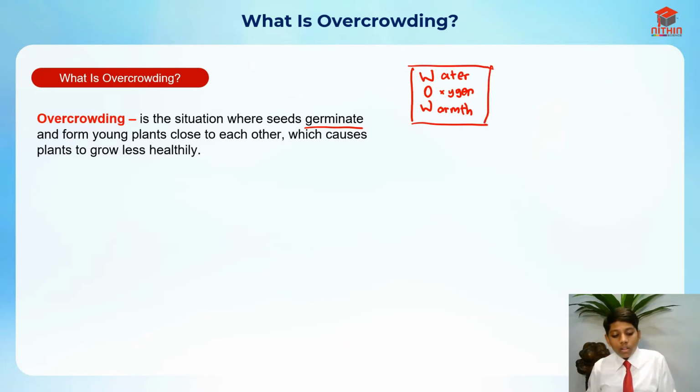Why does the plant grow less healthily when there's overcrowding? Let me show you. When there's a lot of space between the plants, with one seed planted here and another seed far away, this is a non-overcrowding place.